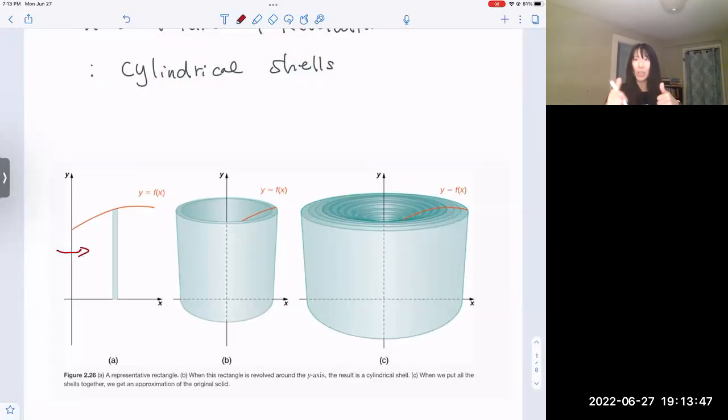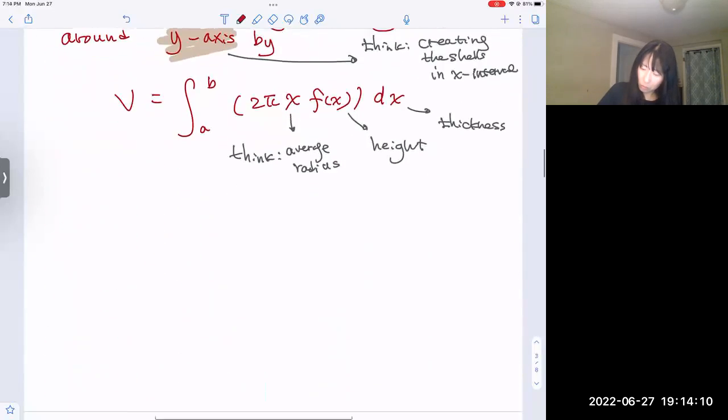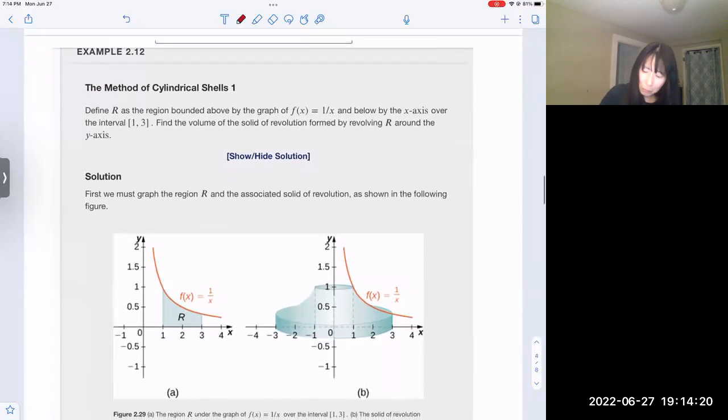Excellent. As long as you understand this one, then the computation, everything is easier. All right, so first problem, number one, from your book.